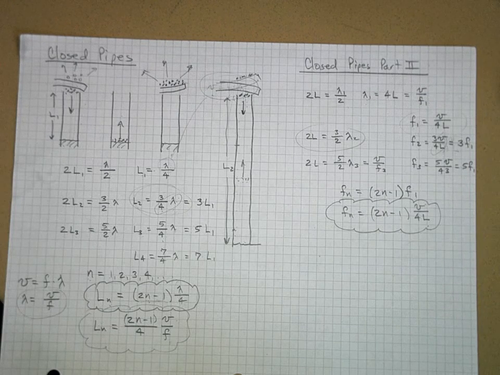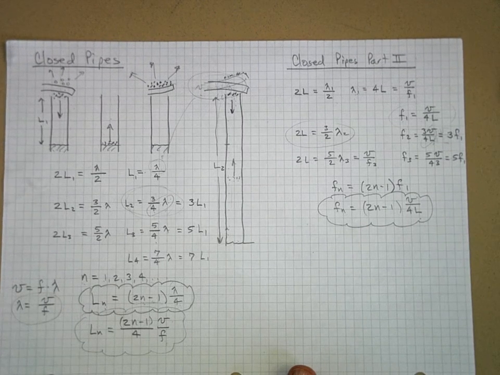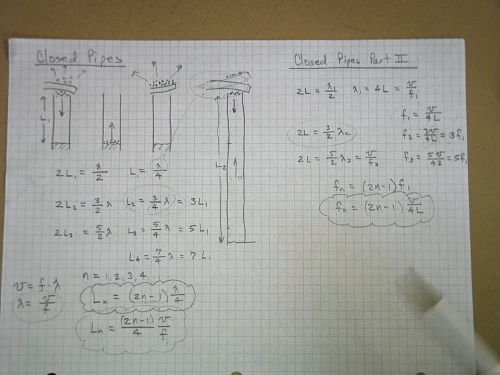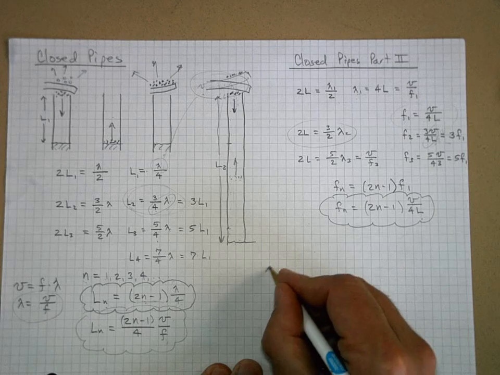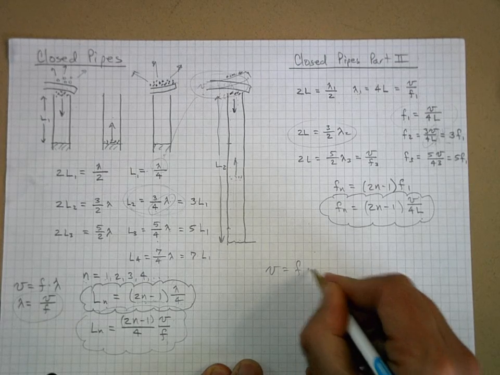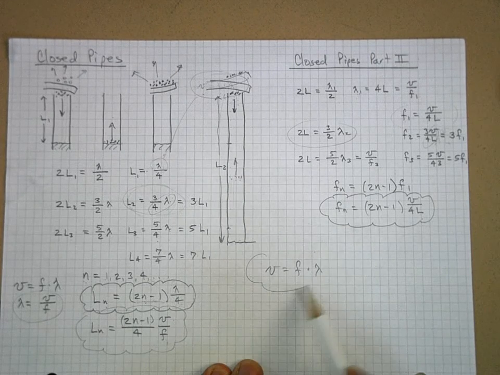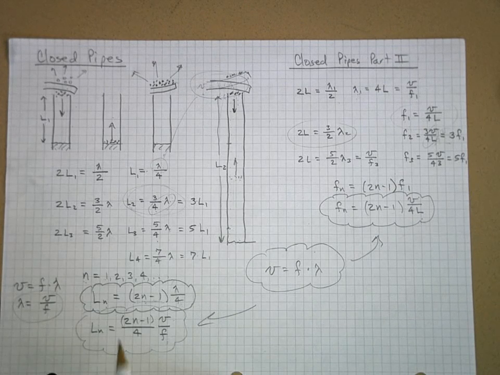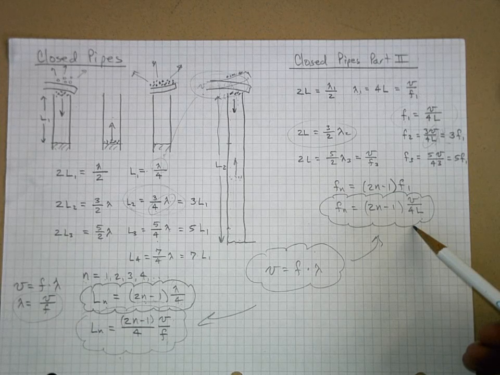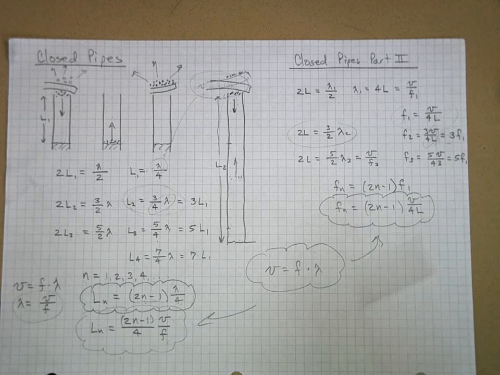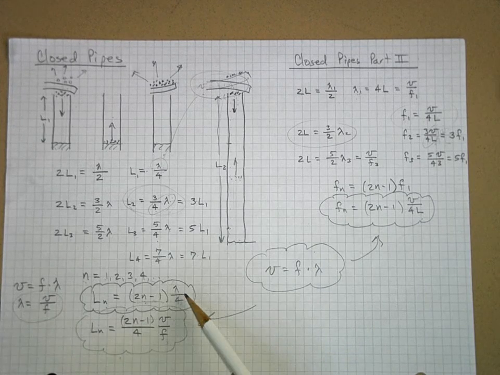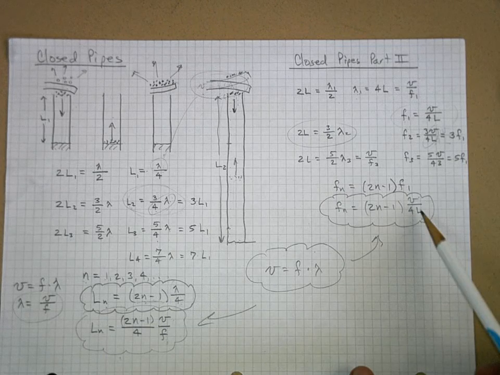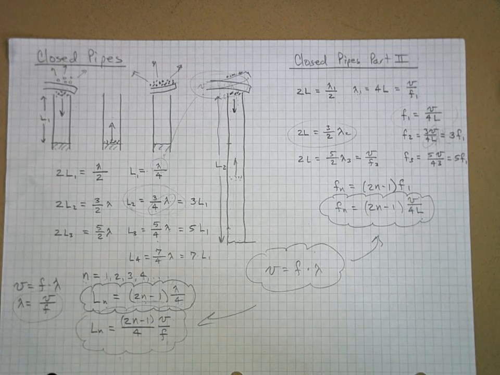And so these are the things you're going to need to know. And this is all in combination, of course, with the speed of sound equals the frequency of the sound times the wavelength of the sound. So you will use this equation if you're solving for different lengths, this equation if you're solving for different frequencies, or if you want to express this in terms of wavelength instead of length, you can do that.